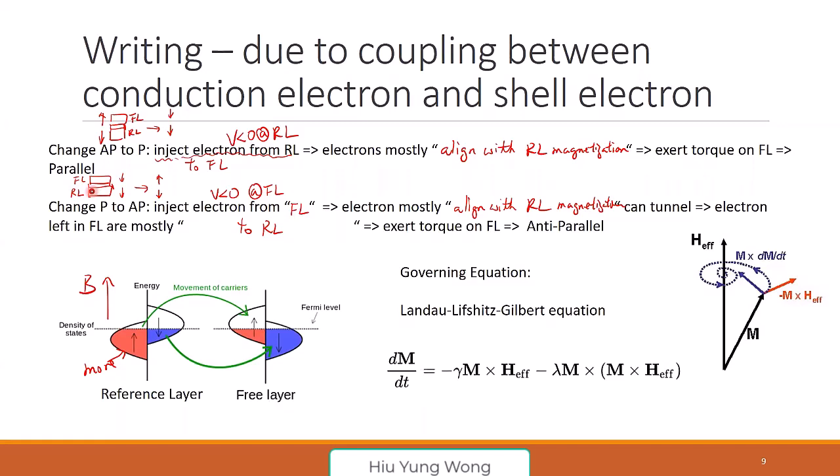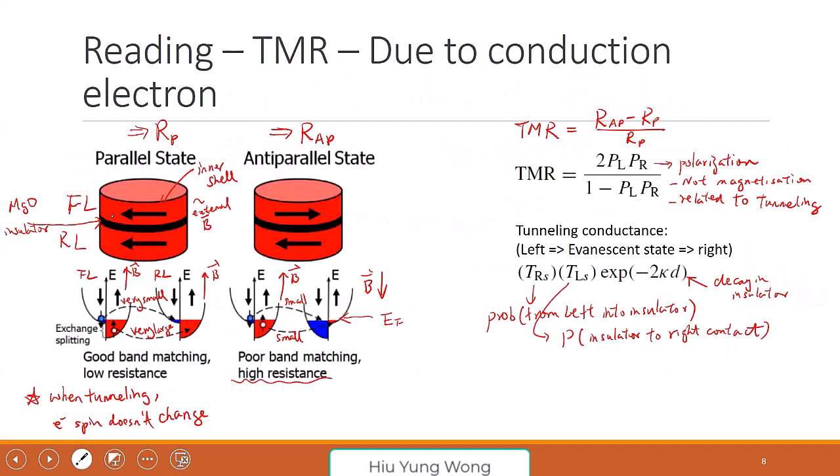Make sense? So electrons mostly aligned with the reference layer can tunnel. And this is related to the earlier point: because they're pointing in the same direction, most of the current is aligned with the reference layer.